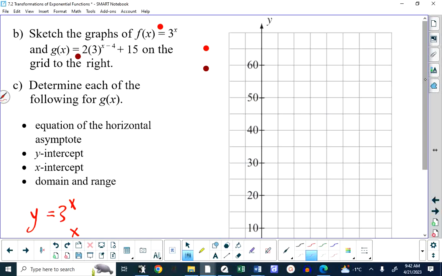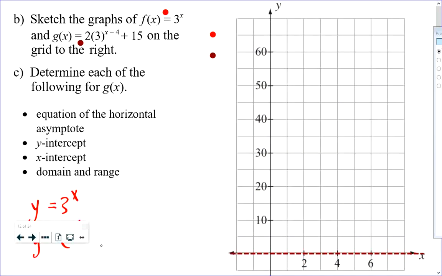Let's graph y equals 3 to the x based on what we learned yesterday. Pretty simple. Y equals 3 to the x has a y-intercept of 1. I'm a little hesitant in actually drawing the curve that we're going to get. I think I'm just going to leave it as points because it's going to be pretty difficult to draw that in there. And we know that every time we go over 1, y is tripled.